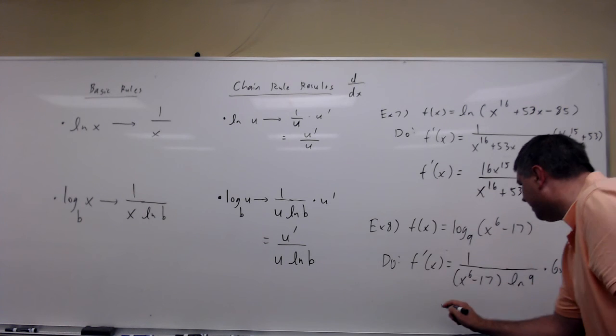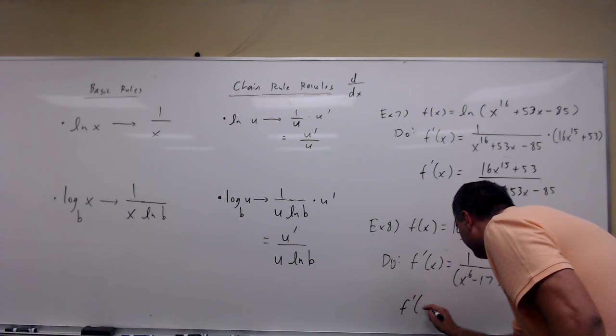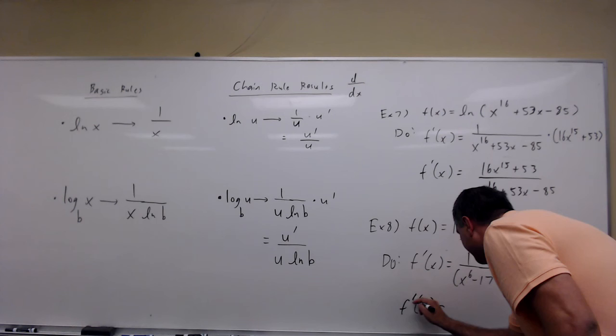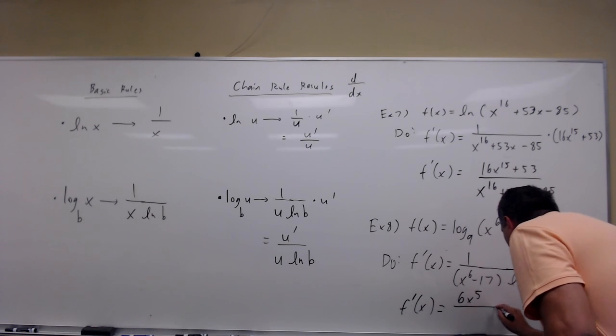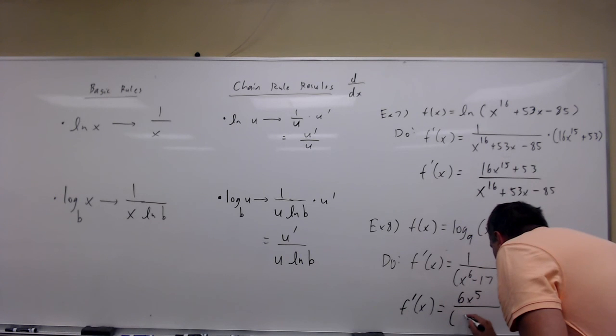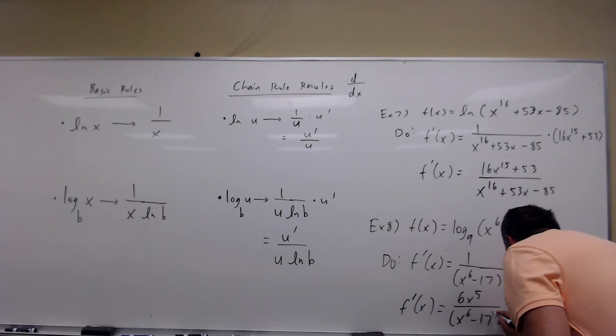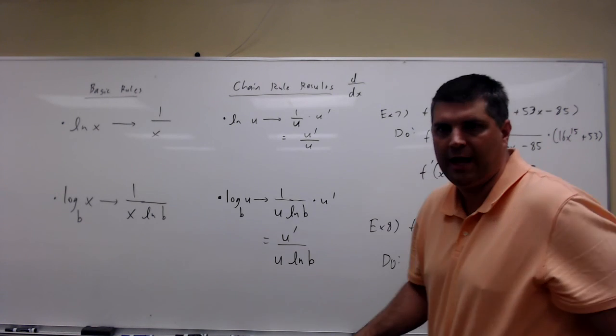This times that will give me a new numerator: f prime of x is 6x to the 5th over x to the 6th minus 17 natural log of 9. And I'm done.